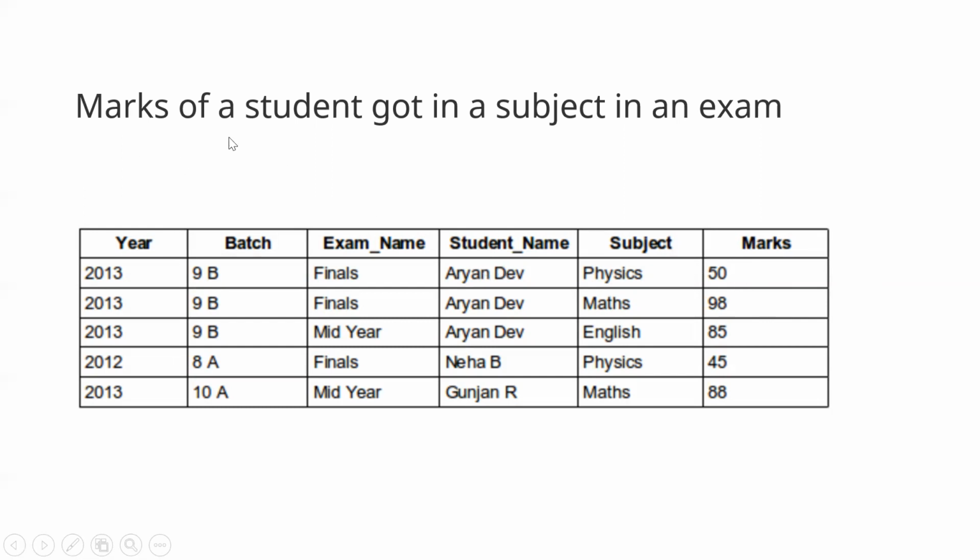At that time, what should be the grain? It should be marks of a student in an exam. There should not be a subject clause, because for each subject the line items are getting split. So this is the concept.